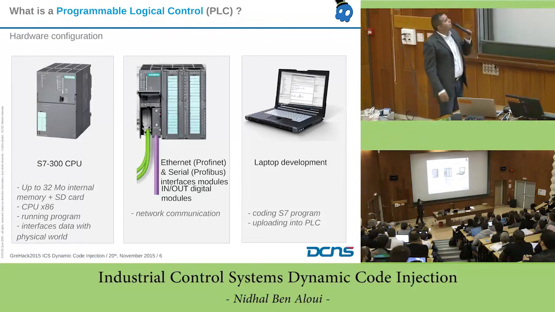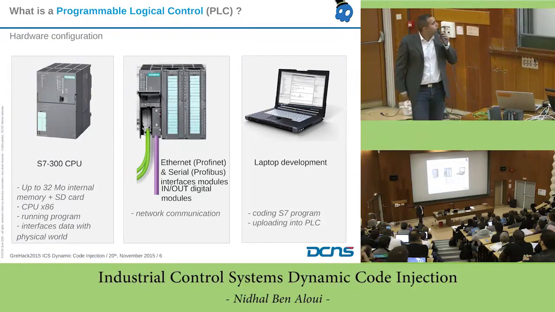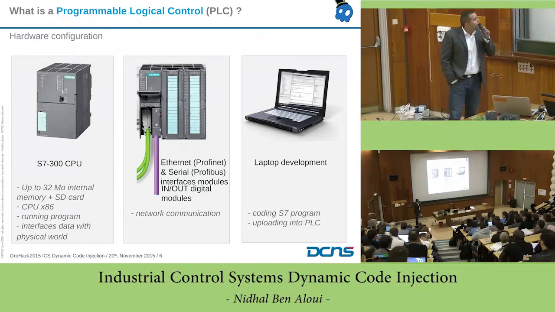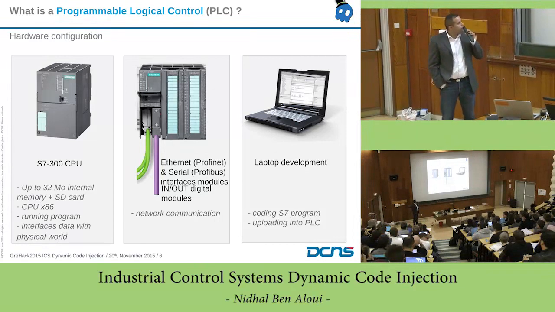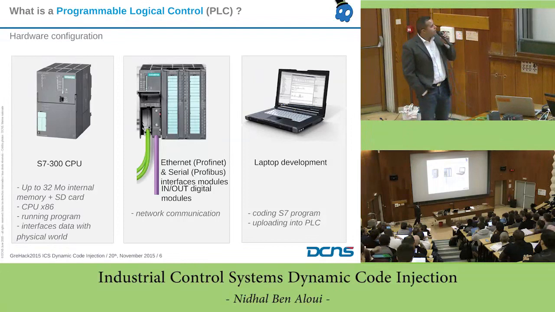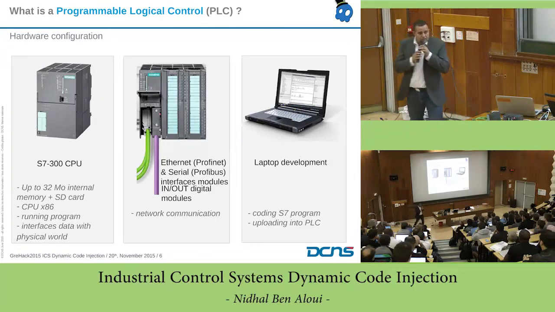The CPU that we use here in my demonstration is an S7-300, with up to 32 KB of internal memory, the SD card, simply an SD card, and the program running on the CPU, the interface with the physical world as shown here.